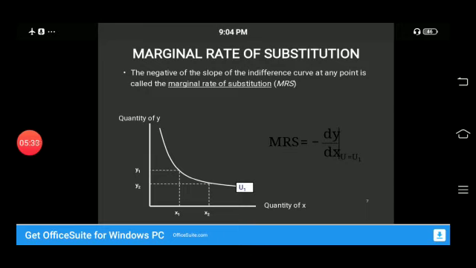That is why there is an inverse relationship between two products. And this formula is minus dy over dx. So we can say in maths terms that this is the slope formula, which is rise over run. The vertical axis, the y-axis, shows the rise and the x-axis shows the run.